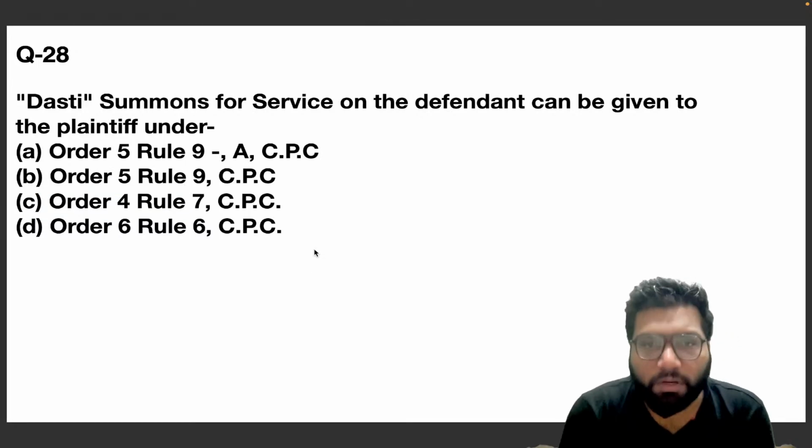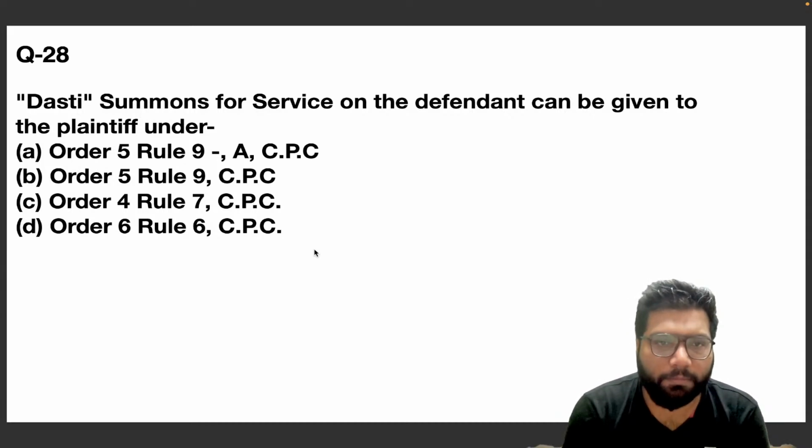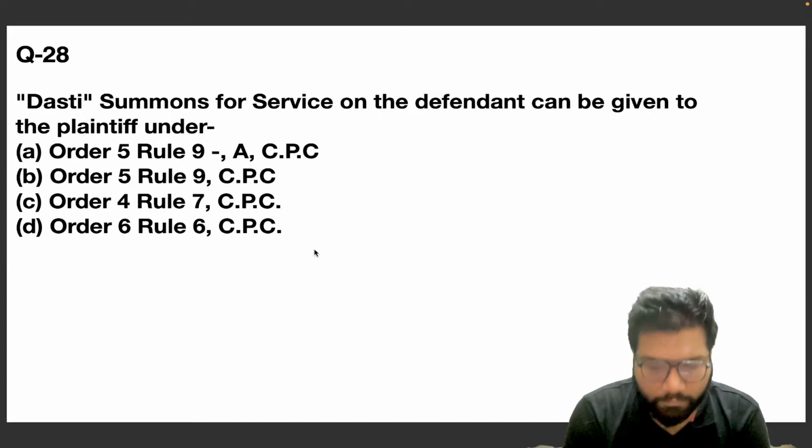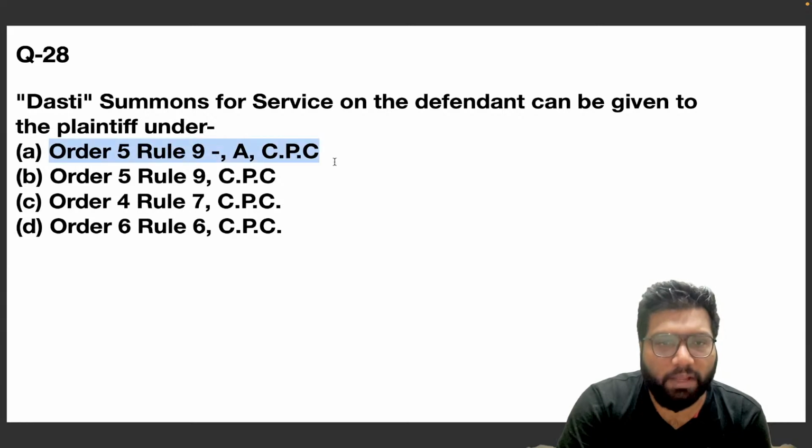Dasti summons for service on the defendant can be given to the plaintiff under. Top 3 students to answer correctly: Nabia, Mohammed, and Amit. Everyone's answer is correct. That is A. Order 5, Rule 9A.